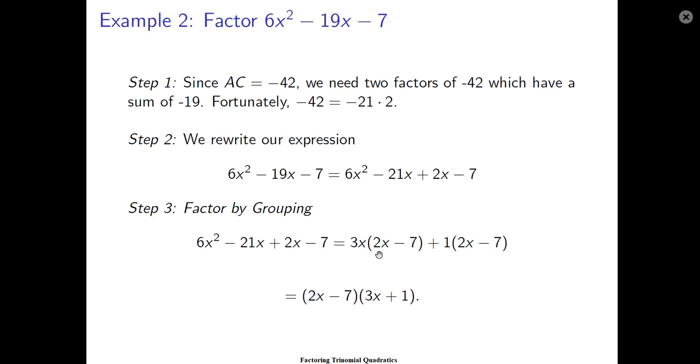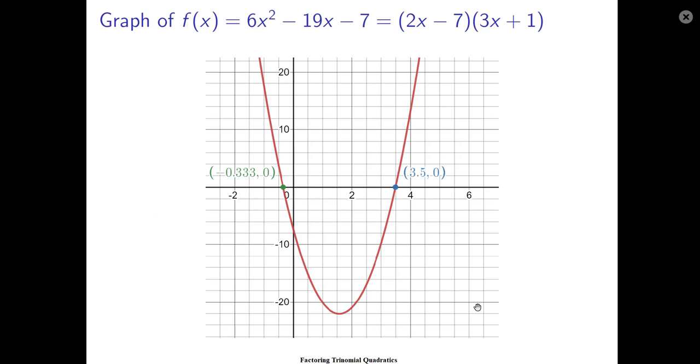So my next step will be to factor that 2x minus 7 out, the common factor, and then the leftovers from the first one, I'll leave a 3x and a 1 as a placeholder for the second. Remember, you could always check my work here by multiplying this out and distributing. So this is the factored form for 6x squared minus 19x minus 7.